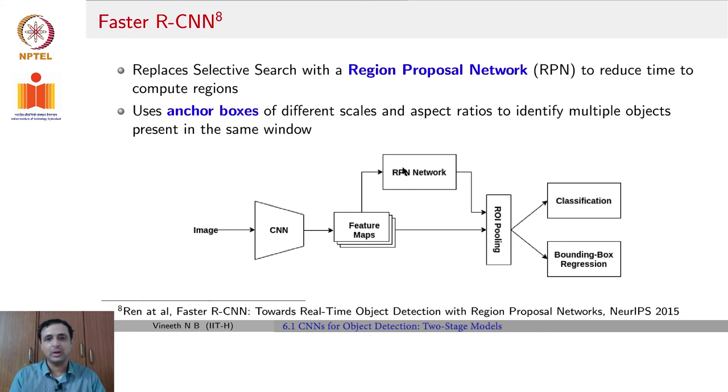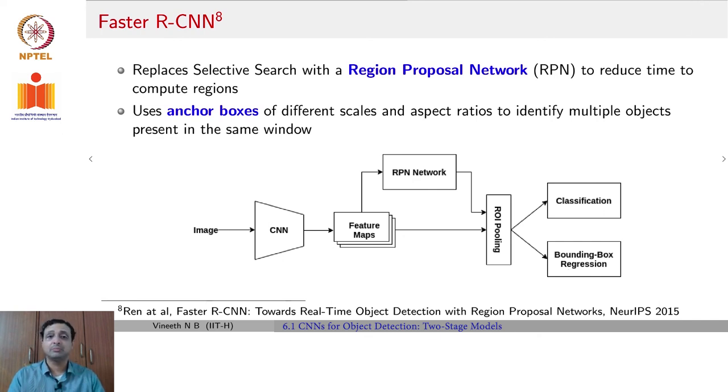It does not worry about classifying the object, it only worries about objectness of a region. And these regions are then provided through an ROI pooling layer. That part of it is very similar to fast RCNN. And finally, you have classification and bounding box regression, just like how we had it with fast RCNN.